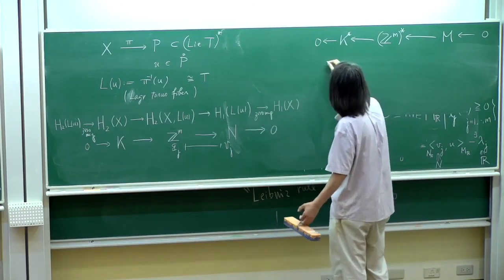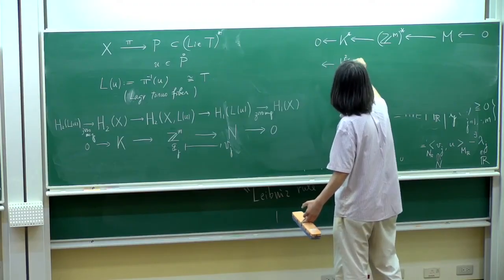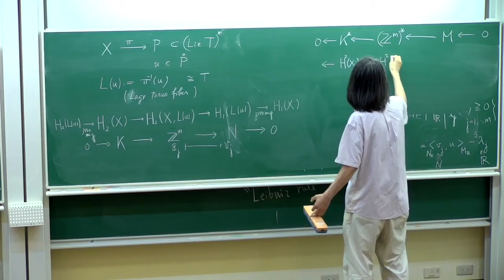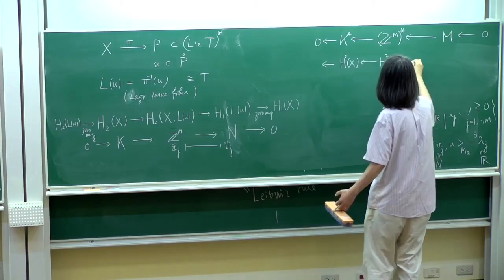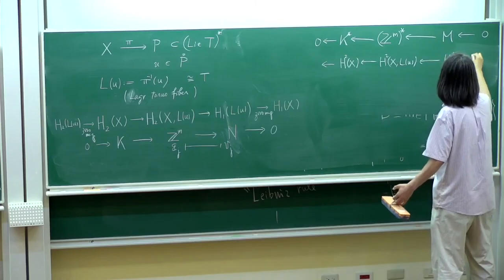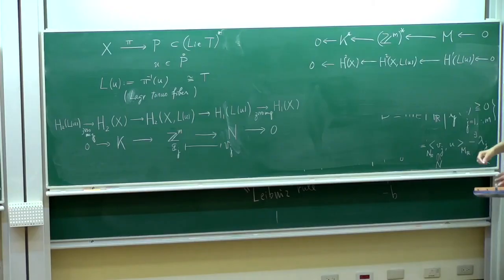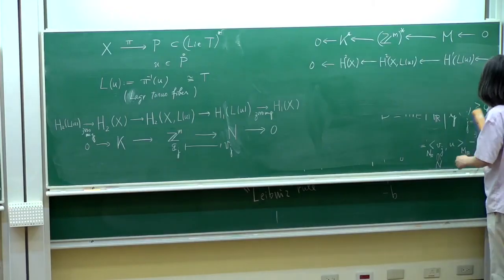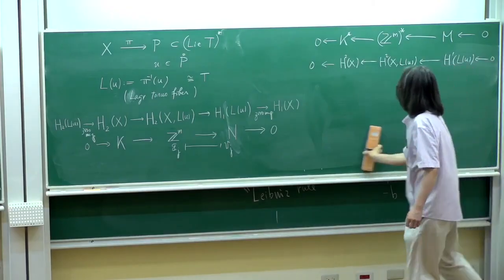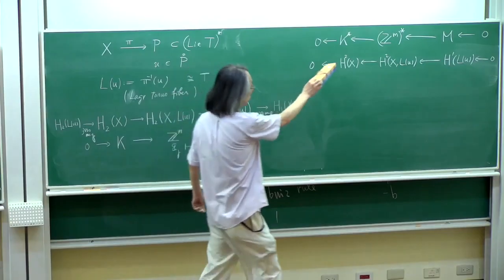And here also we have this is actually H2 of X, and here is H2 of XLU, and this one is H1 of LU, like this. So we can just identify this. And so we want to understand the cohomology of this toric manifold, and first we consider the second cohomology of this.